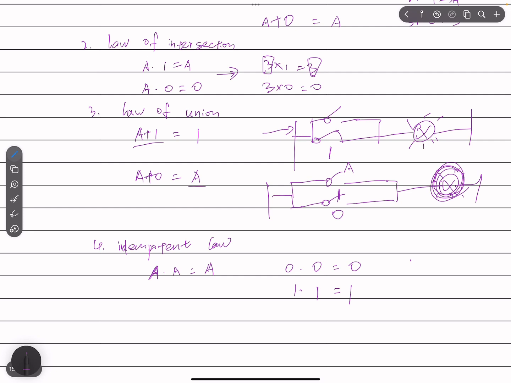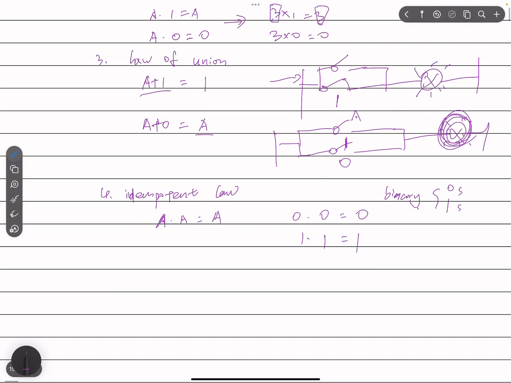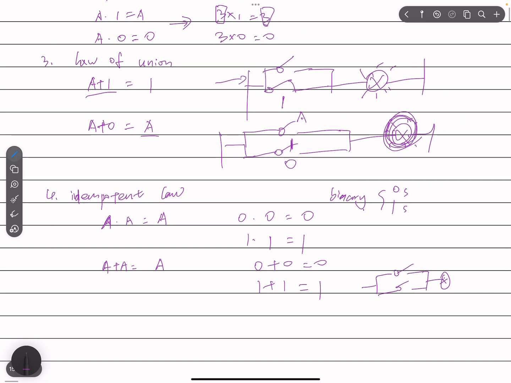Because in a logic circuit, it's binary, so we only have zeros and ones. A plus A will also be A. So 0 plus 0 is 0, 1 plus 1 is 1. Same thing with an OR gate, if both are closed, the light will come on.